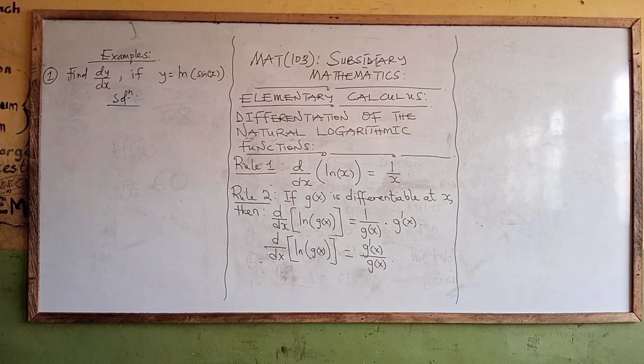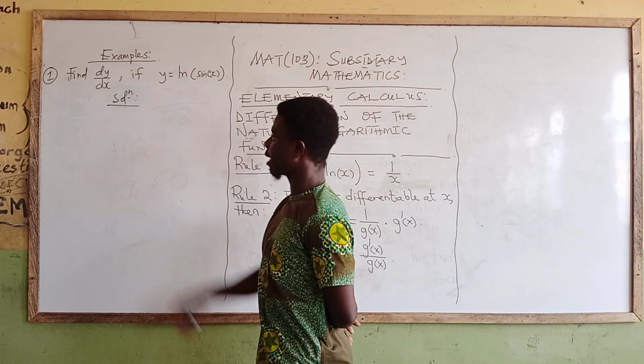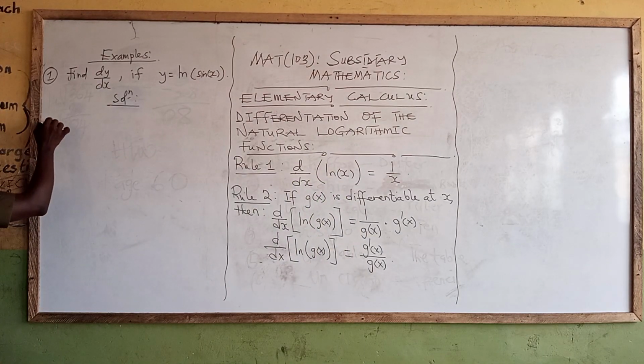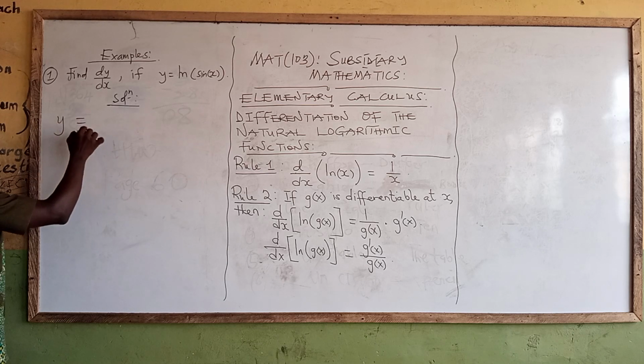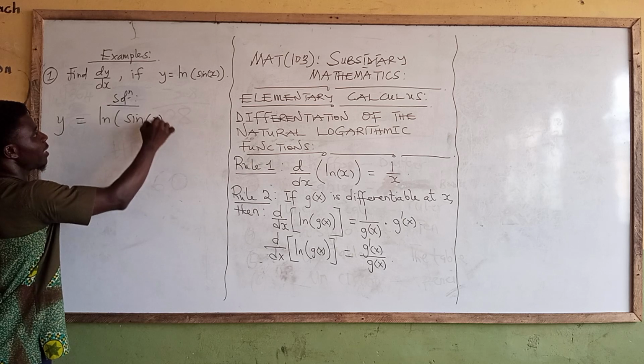Find dy/dx if y equals ln of sine x. So how do we differentiate that? We have y equals ln of sine x.